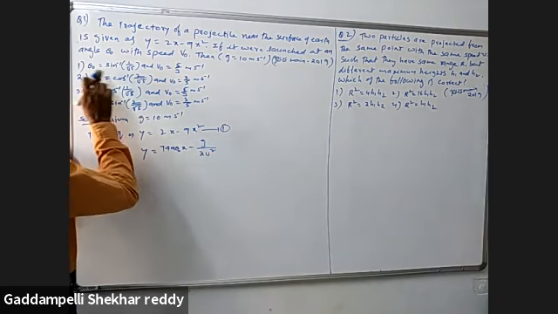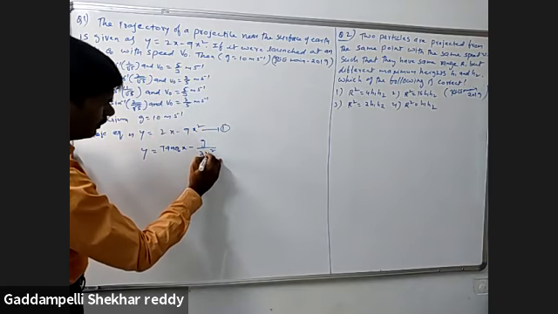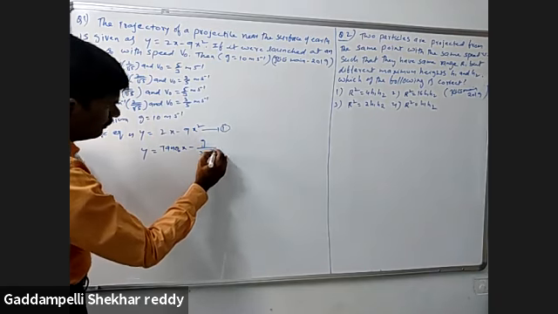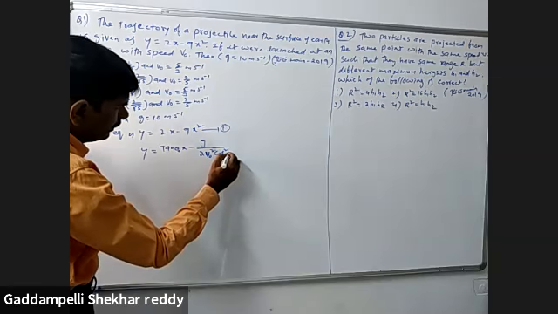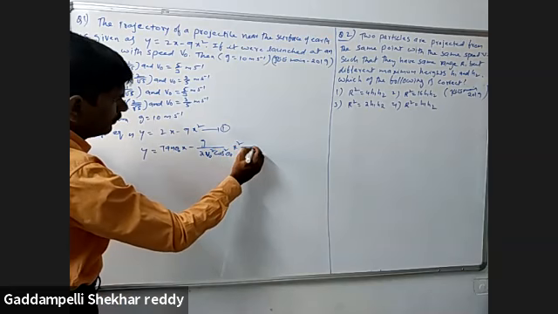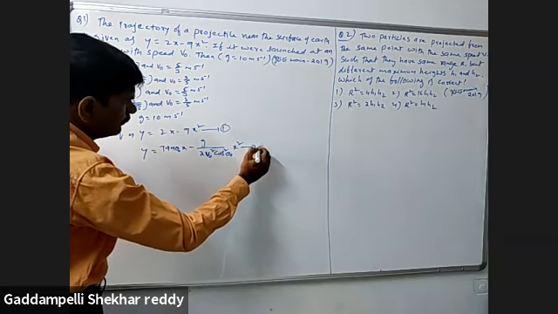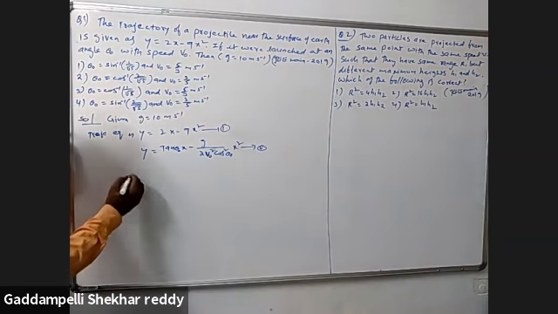Here instead of u, v naught is given, so we will consider v naught square cos square theta naught times x square. We are asked for the angle of projection and the initial speed. So these are the comparisons, now from equation 1 and 2.